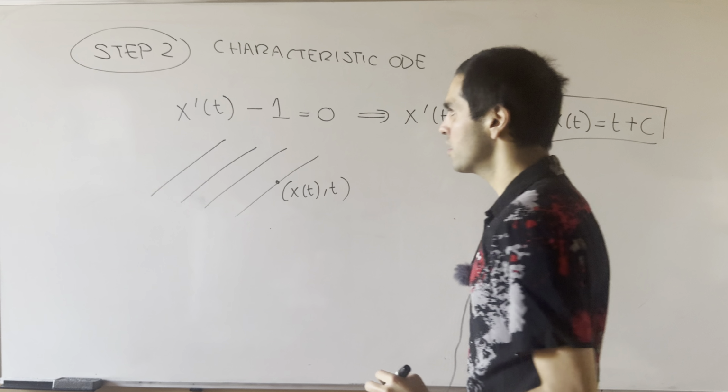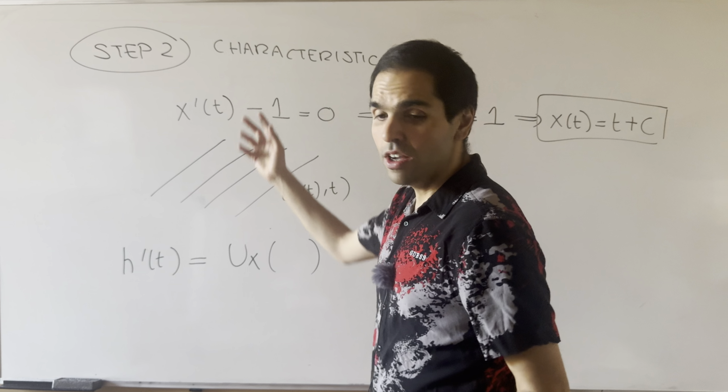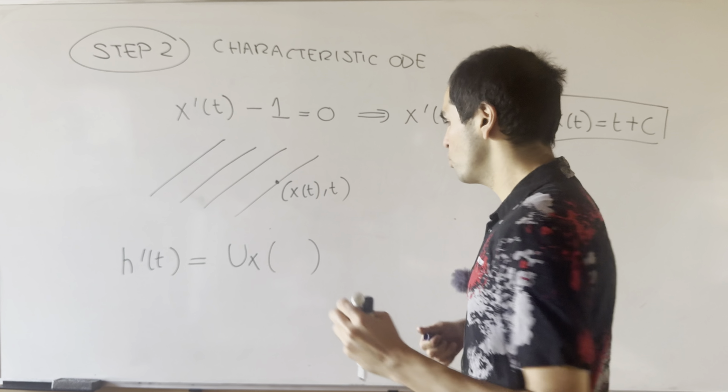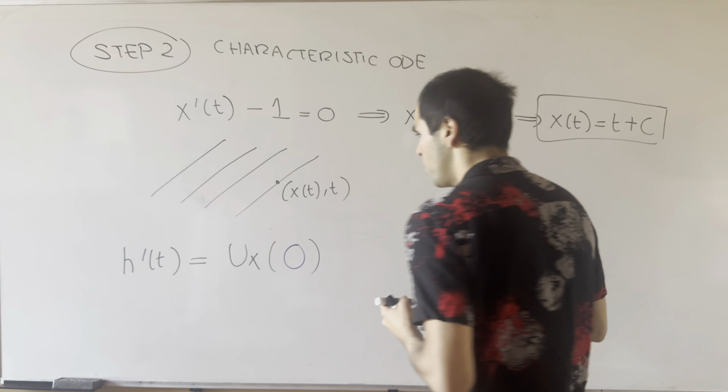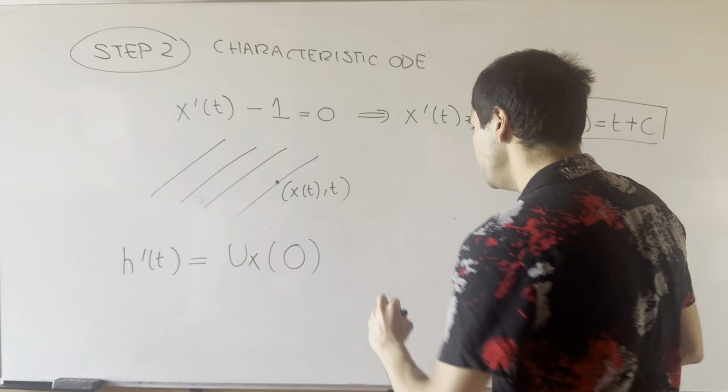On the other hand, now our ODE for h simplifies, because now what we get is h'(t), that was u_x times (x' minus 1), so 0, and then plus e^(x+2t), and then minus u.